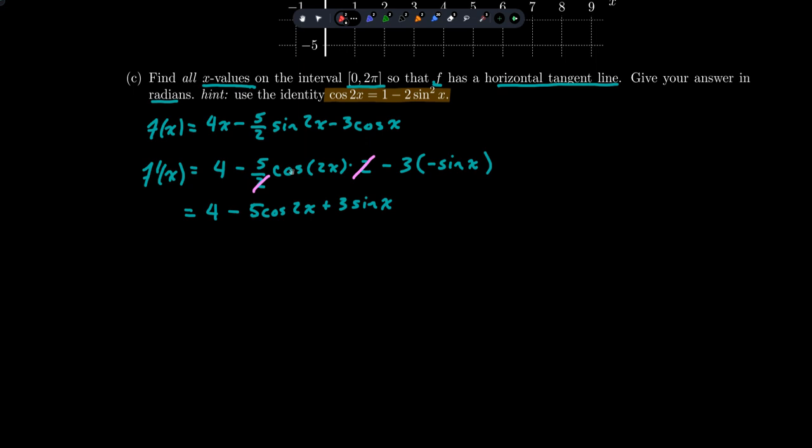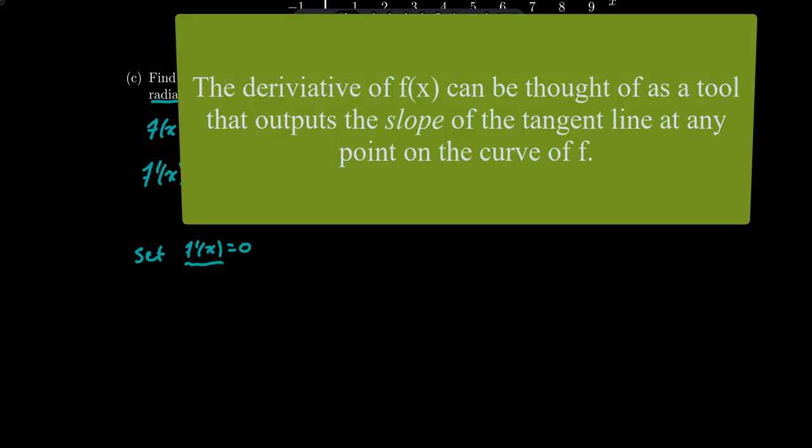The next thing, our goal is to set f prime of x equal to 0, because we're going to force my tangent line finding function, that's my derivative, to output the number 0 there. That will enable us to find the x coordinates where we have those horizontal tangent lines.